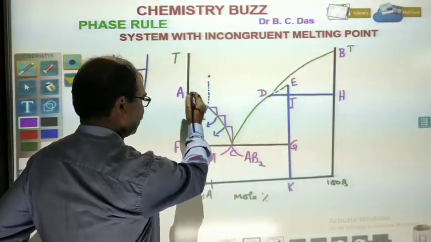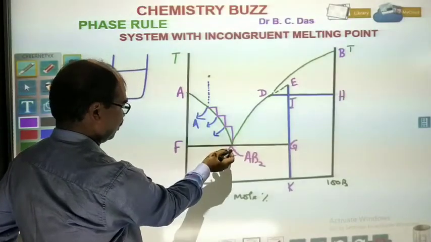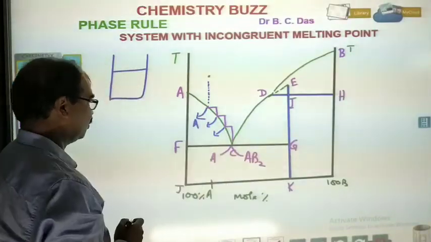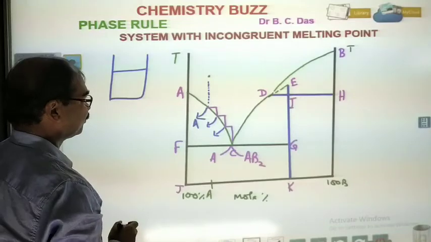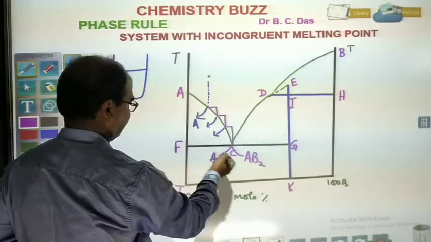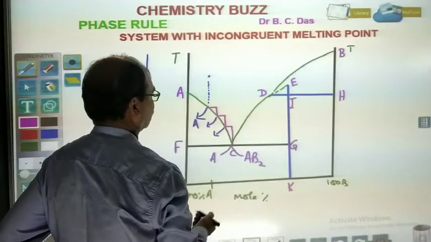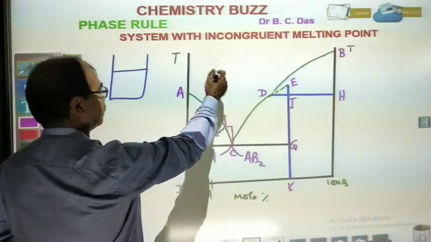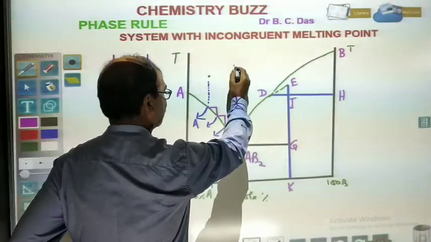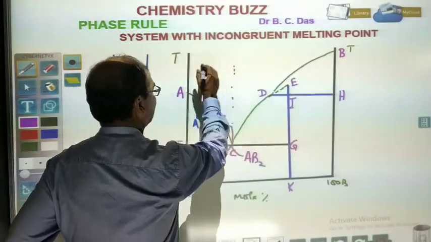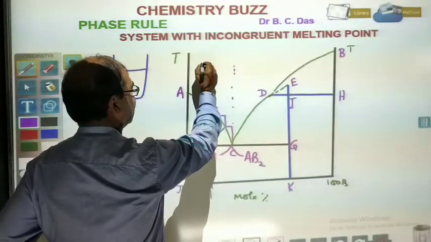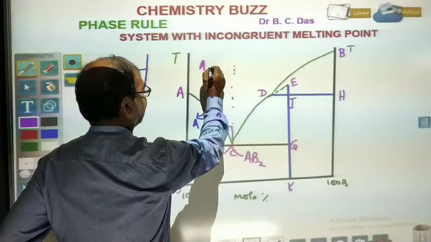This curve is the freezing point curve: AC is the freezing point curve of A in presence of AB2.